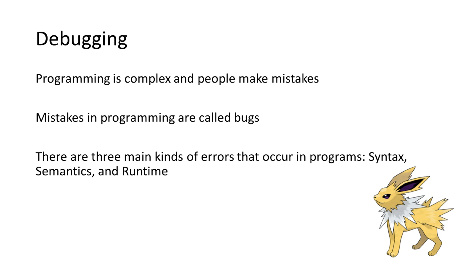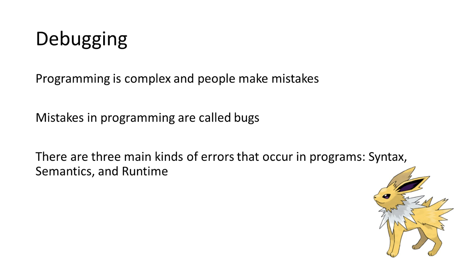They double-checked all their variables, all their logic, and everything was correct. And so they started looking at the machine, and they started pulling out these vacuum tubes to check each one individually and make sure it was working. Well, one of the researchers pulled out a vacuum tube and found a moth had flown into the socket before the vacuum tube had been plugged in, and it was causing a short that was preventing the program from completing. And so ever since that day, when a program doesn't run correctly, we call it a bug.